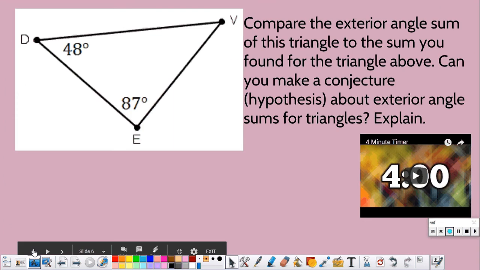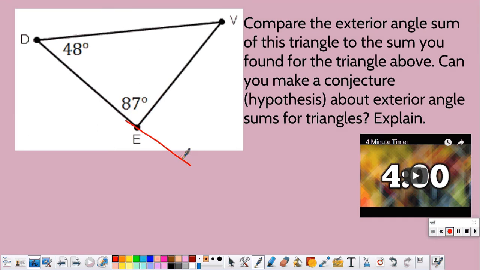Looking at this triangle, looking at its exterior angles, I want you at your table to each pick a different exterior angle. So maybe you're picking this one right here. This is 93 degrees. So if I pick 93 degrees, I'm going to look at its relationship to the other 3 angles in that triangle, specifically its opposite angles.